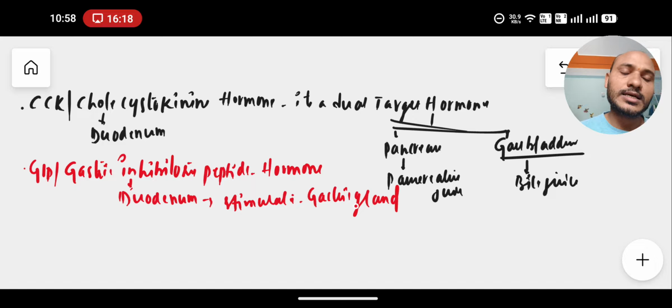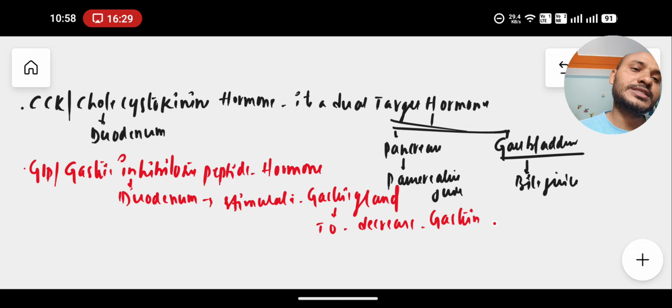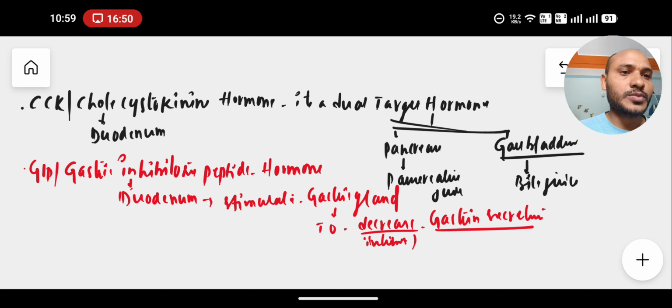Gastric gland, to decrease gastric secretion. So to decrease gastrin secretion from the gastric gland, the GIP hormone plays an important role. It inhibits, because an excess amount of gastrin secretion leads to problems.